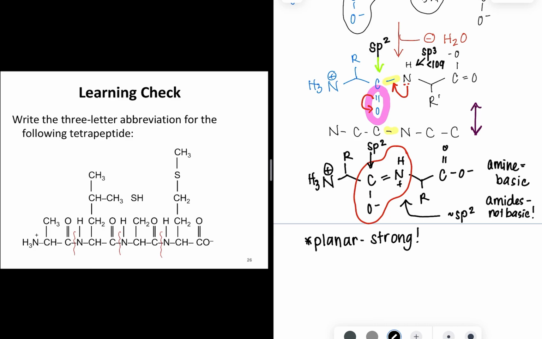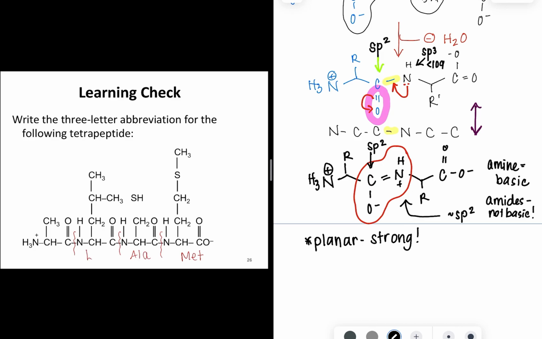I am looking at a chart myself because sometimes I forget the structure of all of these. This is methionine. This is alanine.